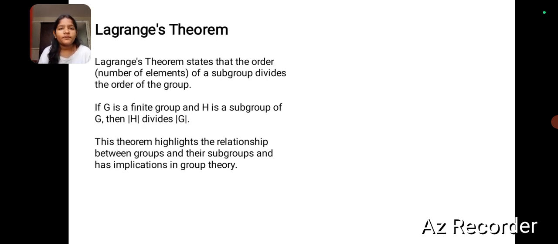Lagrange's theorem. Lagrange's theorem states that the order, the number of elements, of a subgroup divides the order of the group. If G is a finite group and H is a subgroup of G, then |H| divides |G|. This theorem highlights the relationship between groups and their subgroups and has implications in group theory.